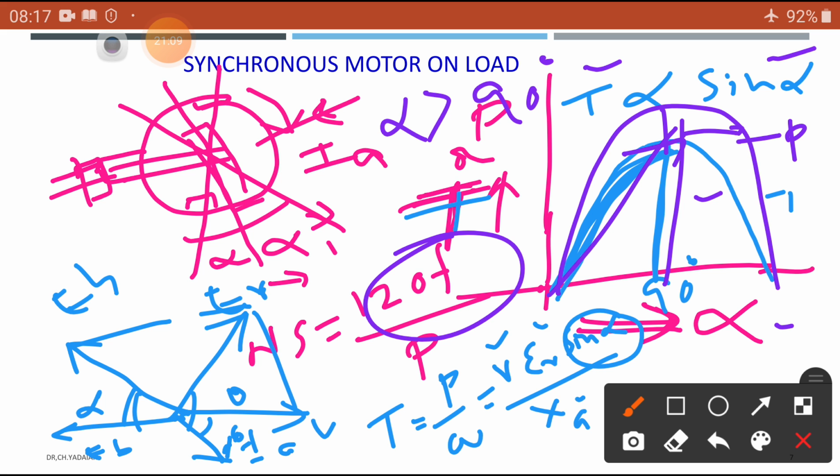If the time period of these oscillations happens to be equal to the natural time period of the machine, then resonance may be set up inside the machine.